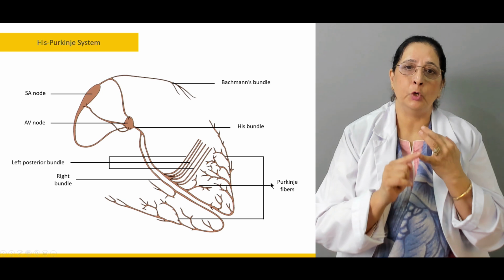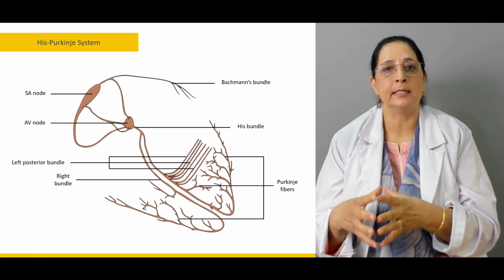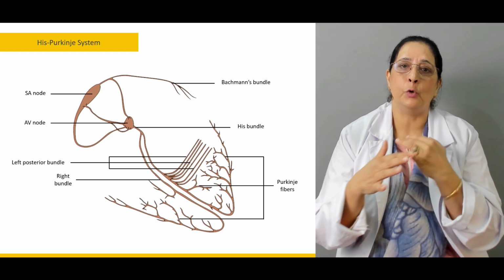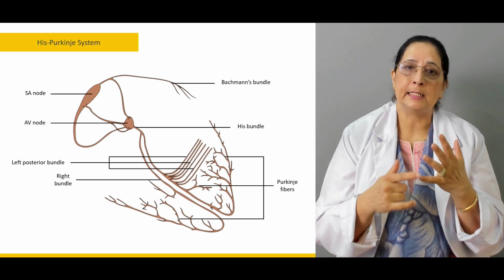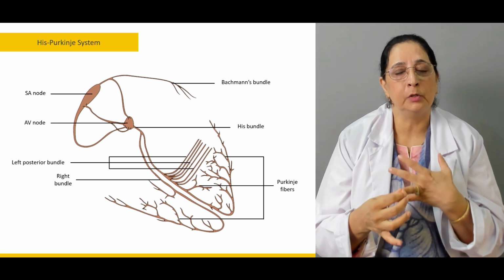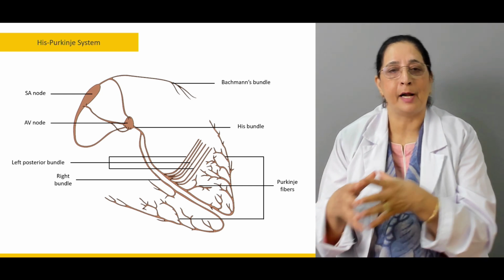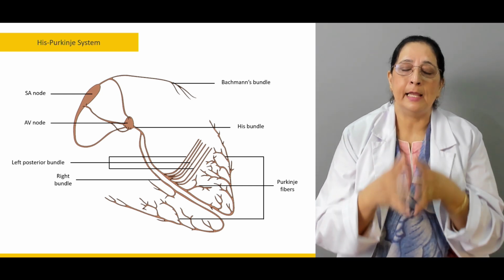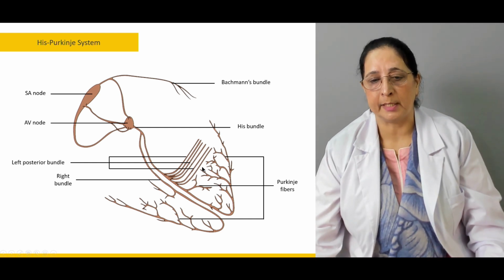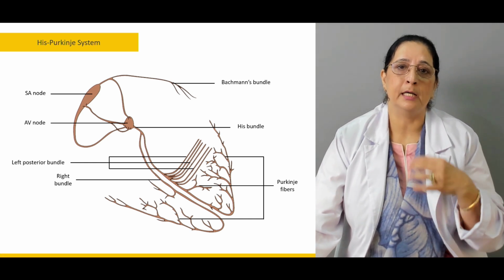So, things to remember: the His-Purkinje system, the SA node, which is the pacemaker of the heart, the sinoatrial node. From the SA node, the impulse goes to the AV node, the atrioventricular node. Then the bundle of His divides into the right bundle branch and left bundle branch, and then gives rise to the Purkinje fibers, which are small fibers that go to all the myocardium, or muscles.